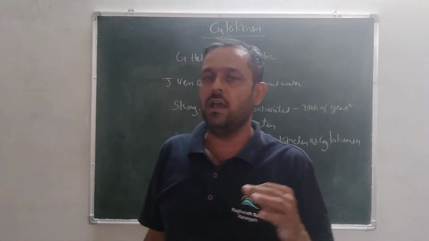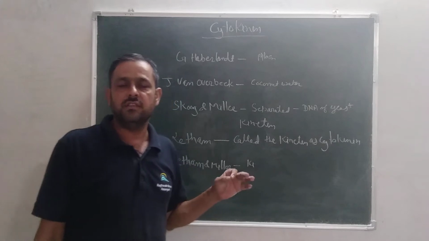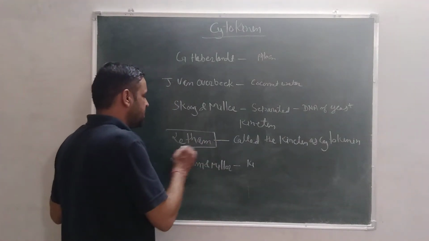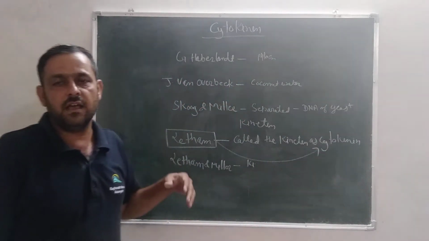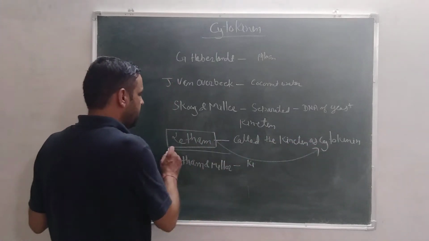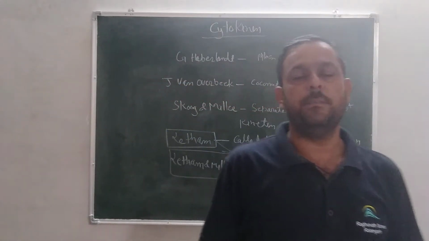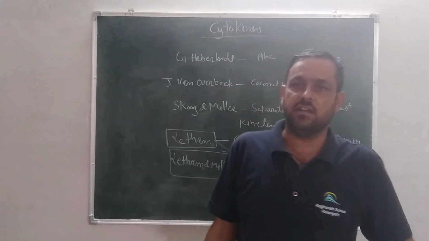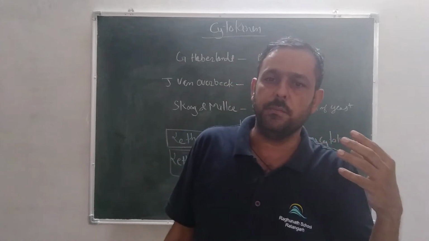So if a 1 mark question is asked by the examiner, who discovered cytokinin, Latham was the scientist who gave the name cytokinin to kinetin. After that, Letham and Miller separated a substance and gave the name zeatin, from the aleurone layer of the embryo sac of maize.